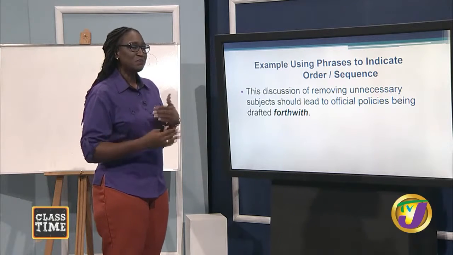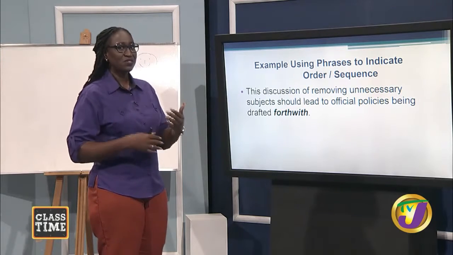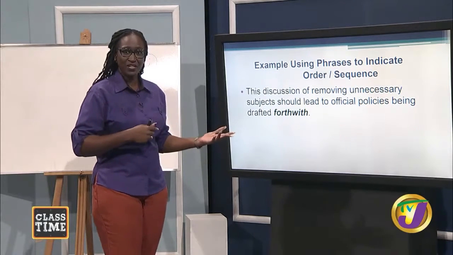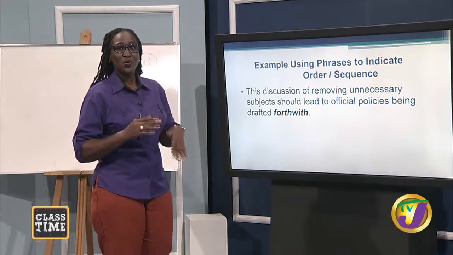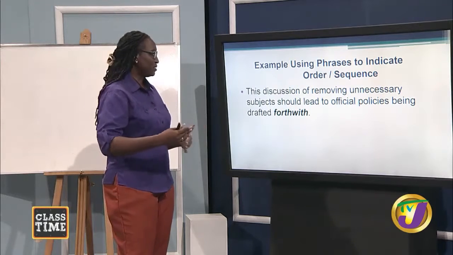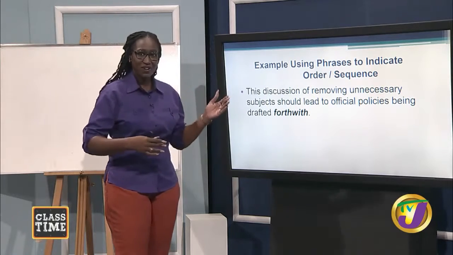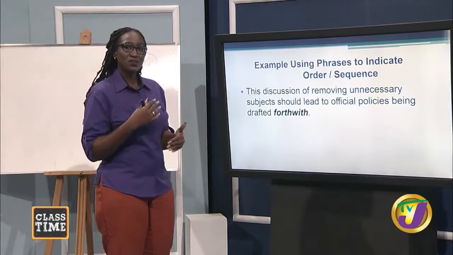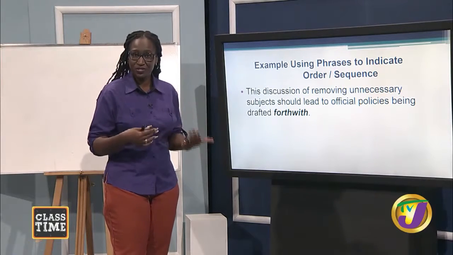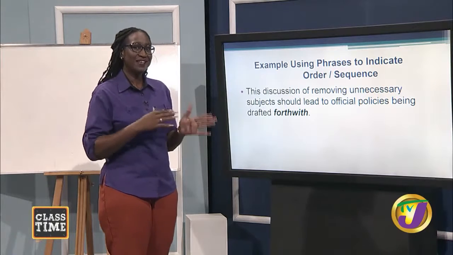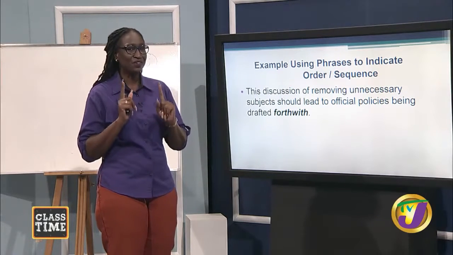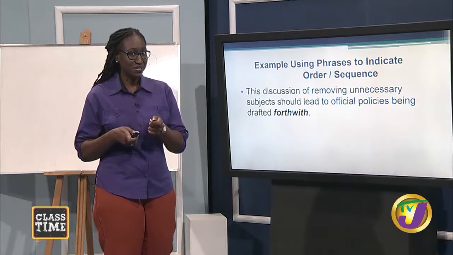So again, what is the meaning that forthwith is conveying in this sentence? Same as henceforth, actually. Similar meaning. So as of this present moment. So the policies should be drafted as of now or right now. So this is another term that you can incorporate into your writing to make it stand apart, sound different, but still convey accuracy in meaning.